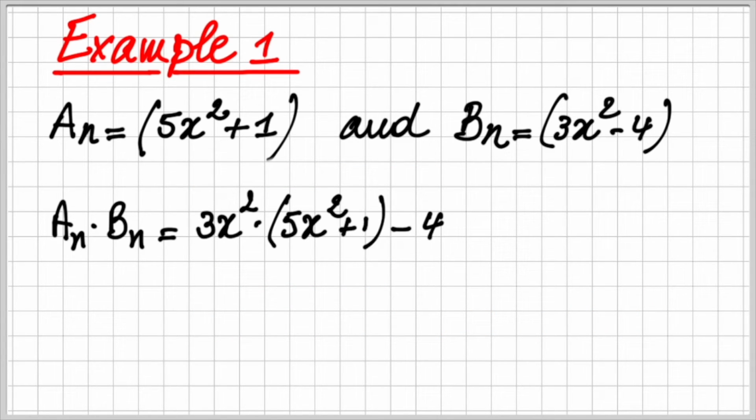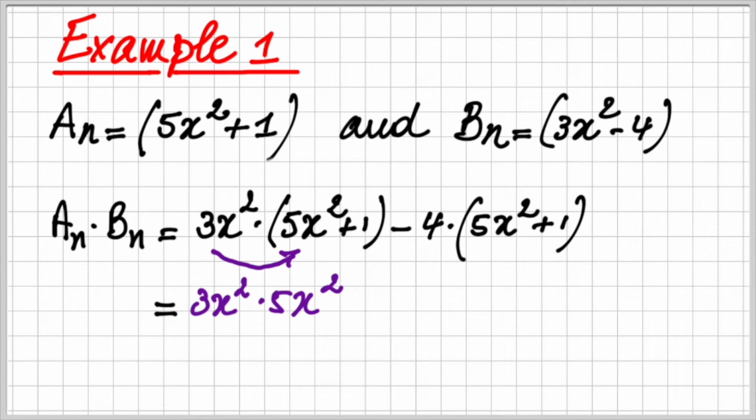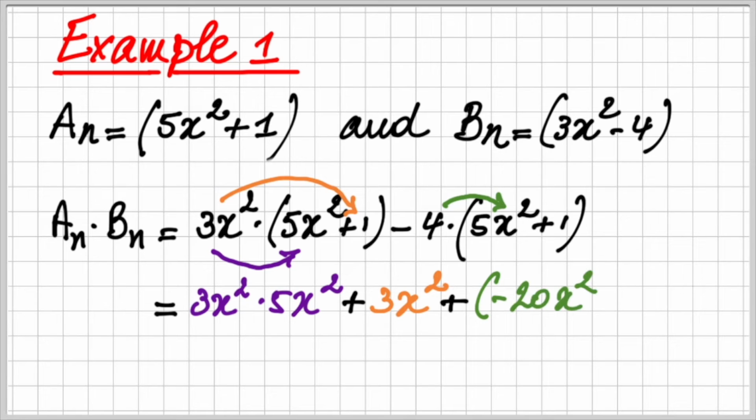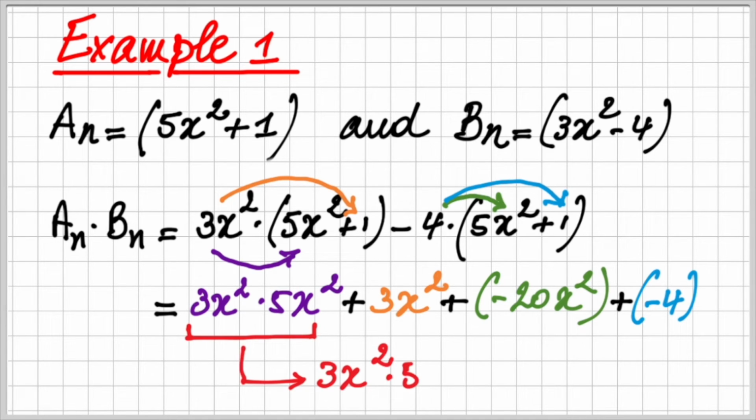So we have the same equation again, and now we apply the distributive property again. We have 3x to the square times 5x to the square. Then we have 3x to the square times 1. Then for the next one we have minus 4 times 5x to the square, which gives us minus 20x to the square. And then we have minus 4 times 1, which is equal to minus 4. Now we can say that 3x to the square times 5x to the square is equal to 15x to the power 4, because we add the exponents.